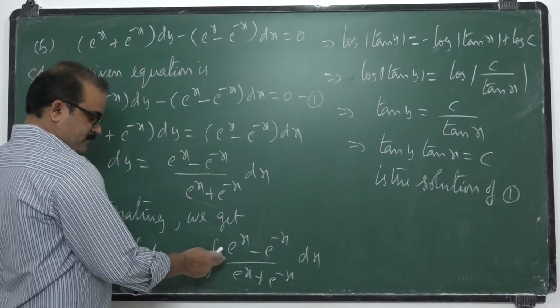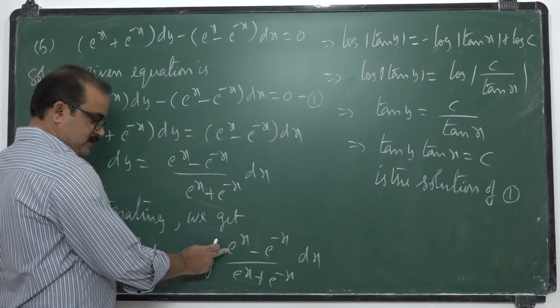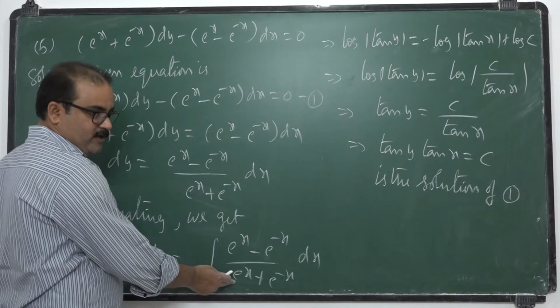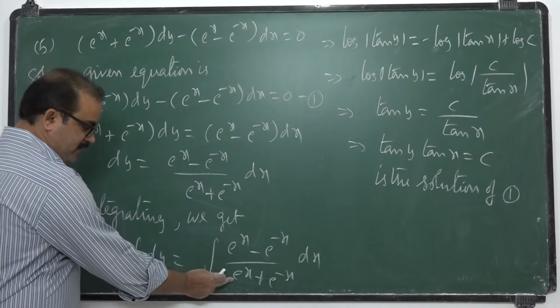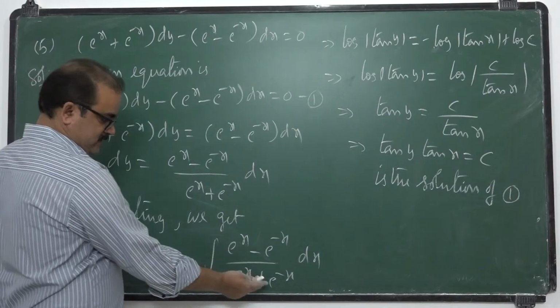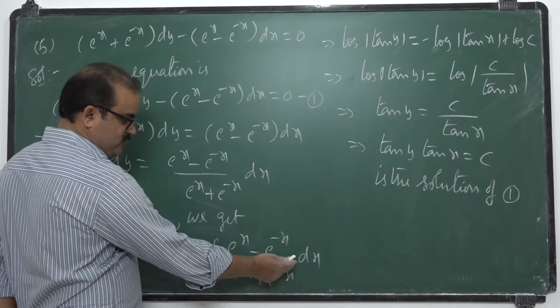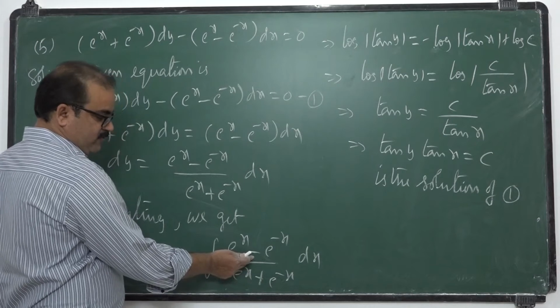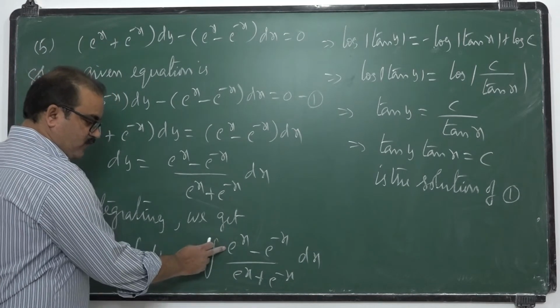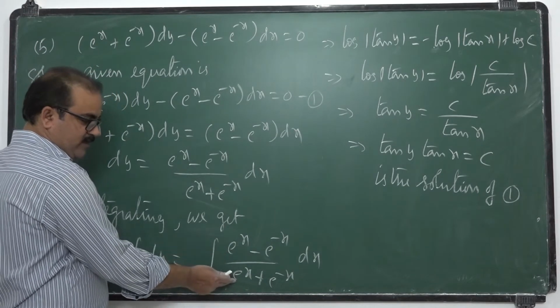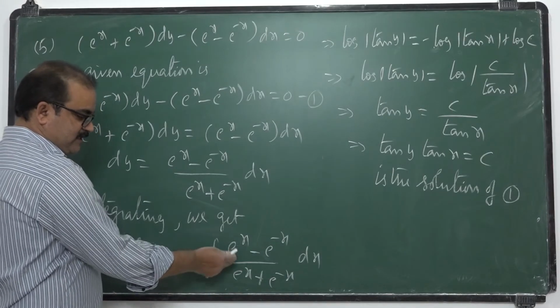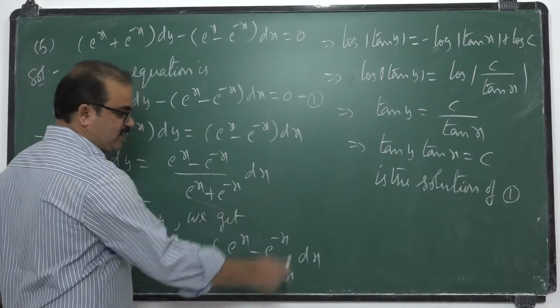See here, the numerator is the derivative of the denominator. Derivative of e power x is e power x, derivative of e power minus x is minus e power minus x. If numerator is the derivative of denominator, then its integration is log of that denominator.